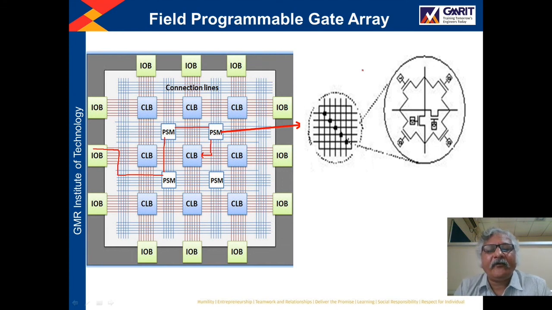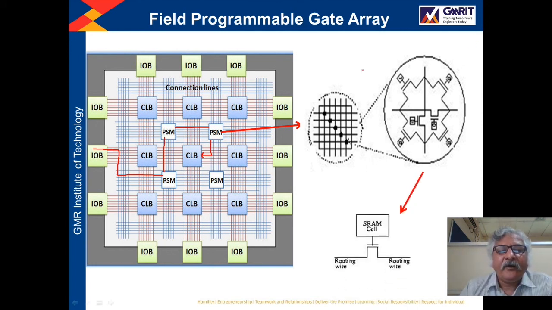So we will generate one bitmap file, and that bitmap file will be downloaded in this FPGA, and the information in the bitmap file is sufficient to turn on and off certain MOSFETs, right? So that bitmap file will be loaded in the FPGA, and it will be used to turn on and turn off the MOSFETs for the routing purpose and for the implementation of our logic, right?